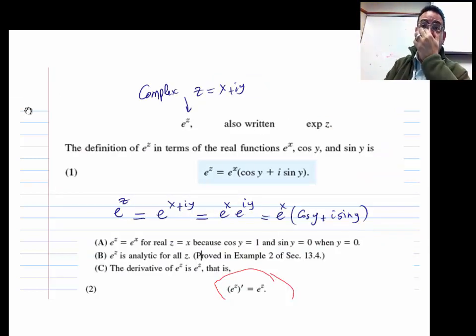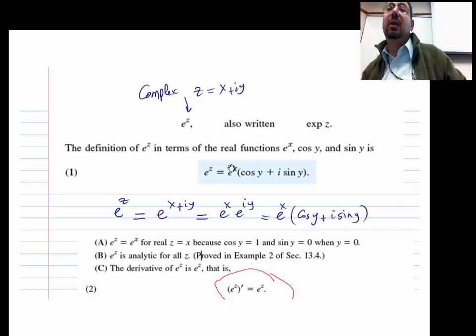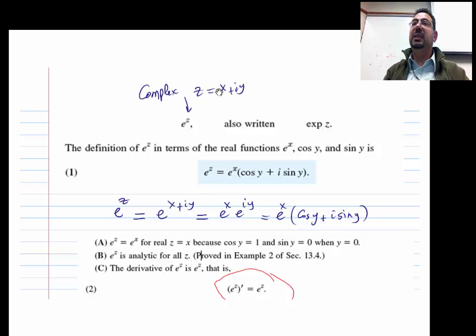Alright. Now here is the e to the power z. Okay? And so it can also be written as exp z, and this can actually be written like what Jason did for us earlier today. You can look at the z as x plus iy, so that e to the power z is e to the power x plus iy, and therefore you can split it into e to the power x times e to the power iy.